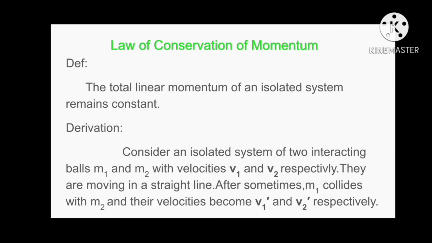They are moving in a straight line. After some time, M1 collides with M2 and their velocities become V1 prime and V2 prime respectively. Here M1 shows the first ball and M2 shows the second ball. This would have happened if M1 has more velocity than M2.